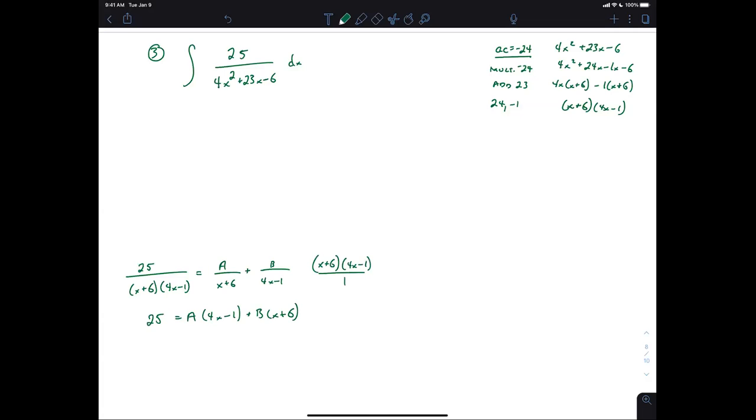All right. So then you distribute the A and distribute the B and combine like terms.